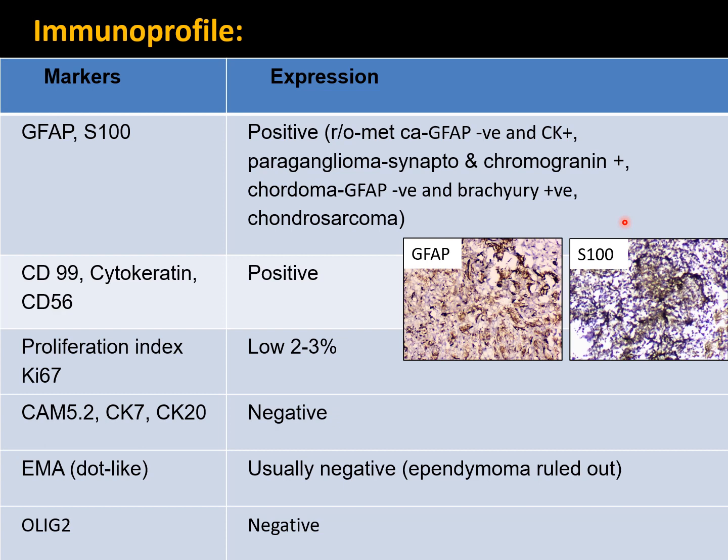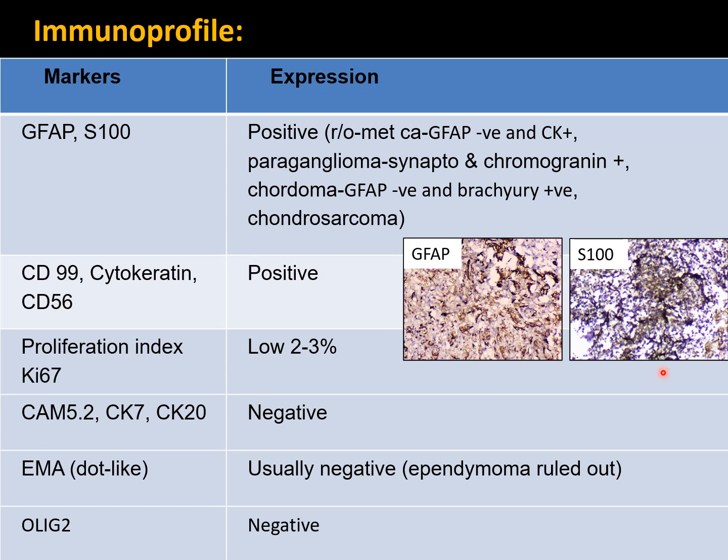Second differential diagnosis is paraganglioma. These are typically chromogranin positive tumors. The chordomas show GFAP negativity and these are brachyury positive. And the next differential diagnosis is a chondrosarcoma. Myxopapillary ependymomas are immunoreactive to CD99, cytokeratin, and CD56.